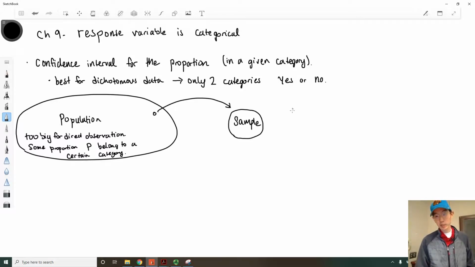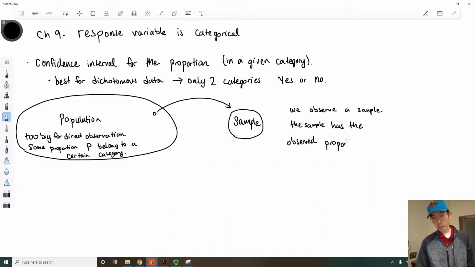Okay, so we observe a sample. The sample has the observed proportion p hat.